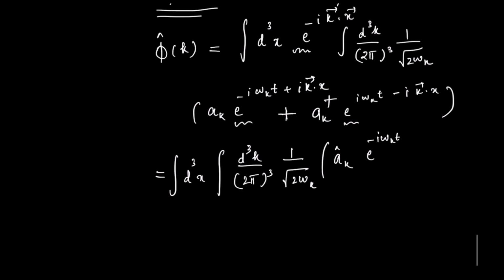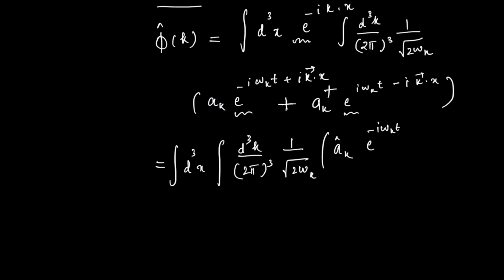So that will be e raised to i k minus k prime dot x, plus ak dagger e raised to i omega kt, e raised to minus i k plus k prime dot x.